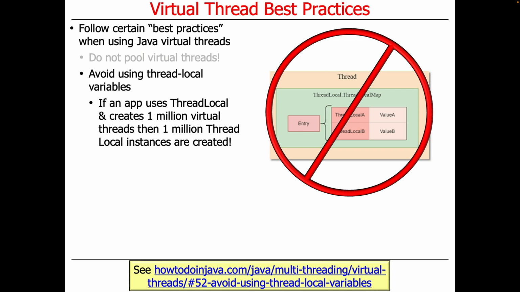If you're ever familiar with the C or C++ concept of errno, that's something that typically is implemented by thread-specific storage in modern versions of Unix and Windows and so on. So if you're using virtual threads, don't use thread local variables because it'll make lots of instances of thread local state, which are a lot of extra overhead and probably not what you want to do in this case.